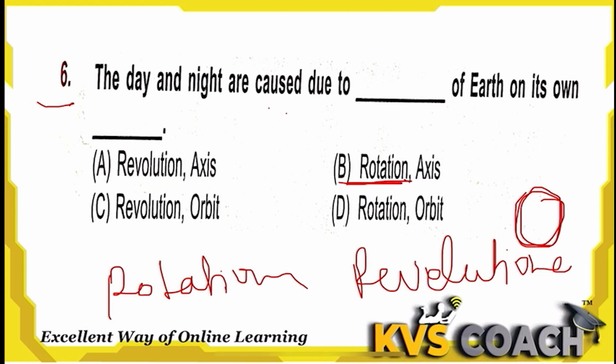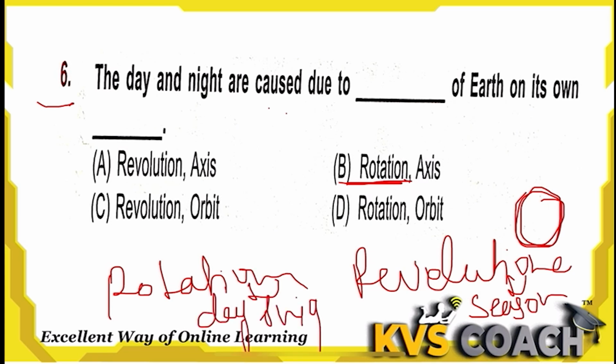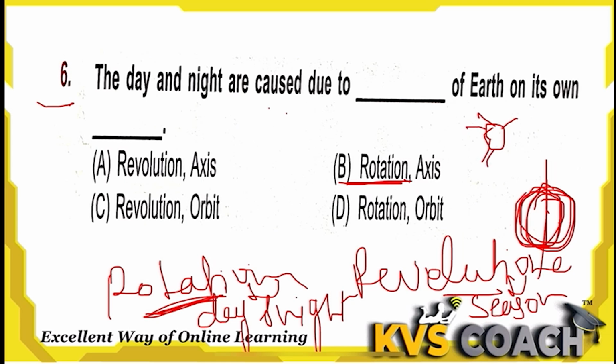Revolution causes season change, and rotation causes day and night change. Rotation is when the earth moves around its axis. Revolution means the earth is moving around the sun. This is the sun and here is the earth, and the earth is moving around the sun. That is called revolution.